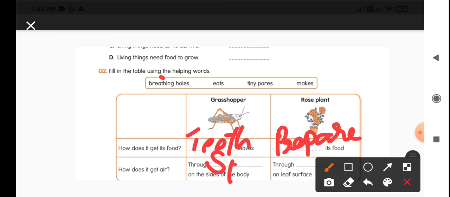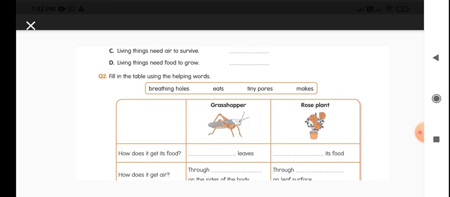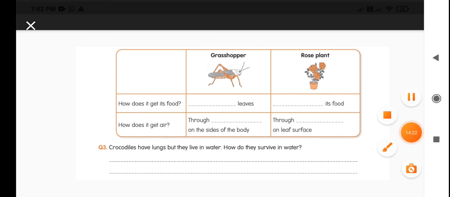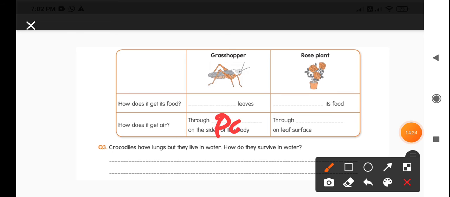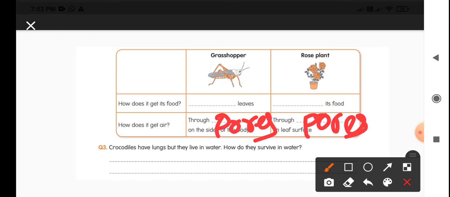They have small pores on their body. With the help of these small pores, they take air inside. And the plants also have small pores on the leaves. With the help of these pores, they take air inside.